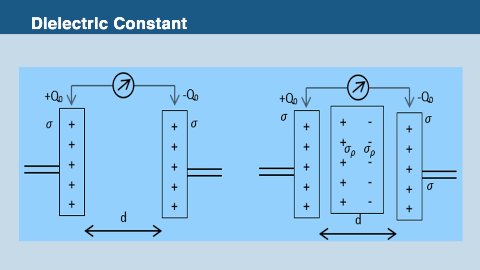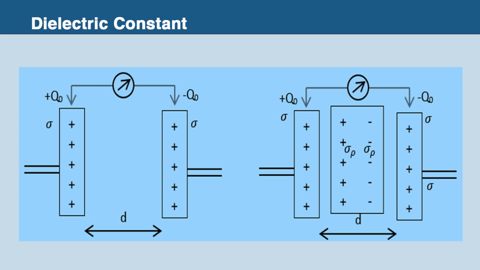On the right hand side, when a dielectric material is inserted between the plates, the electric field is reduced, shown by fewer and smaller blue arrows. The dielectric material causes the positive and negative charges within it to shift slightly, which creates internal fields that oppose the external field.